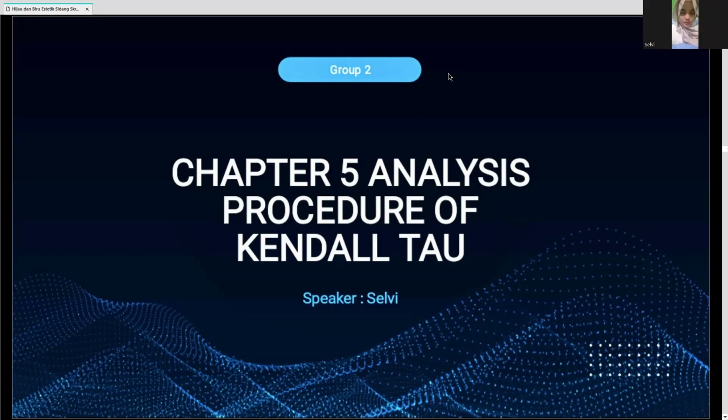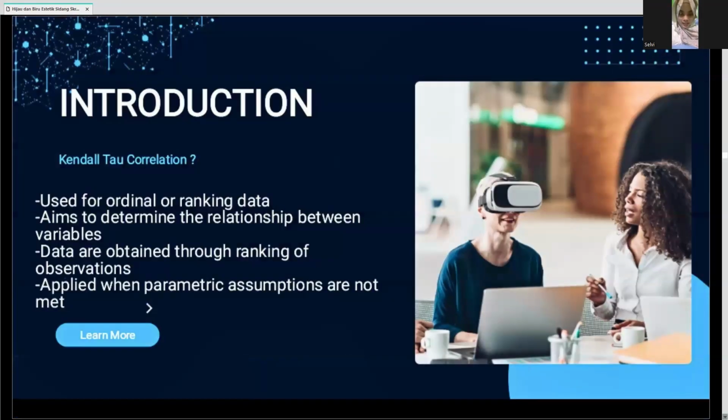Okay, next we want to talk about chapter 5, analysis procedure of Kendall-Tau. Kendall-Tau correlation is a non-parametric statistical test. It is mainly used for ordinal or ranking data. This means the data are arranged in order, such as rank first, rank second, and rank third, or levels like low, medium, and high.